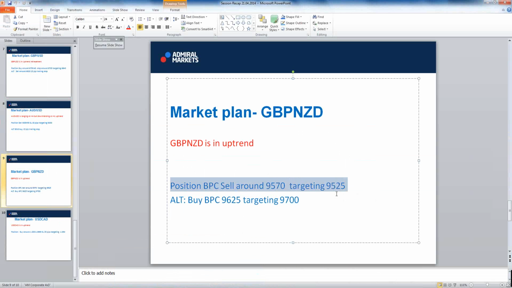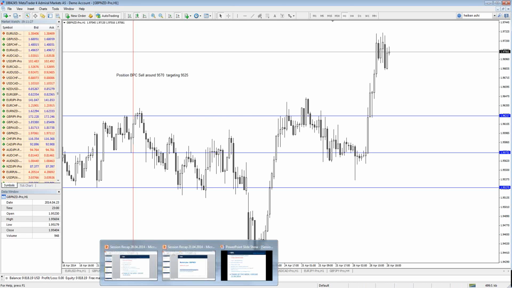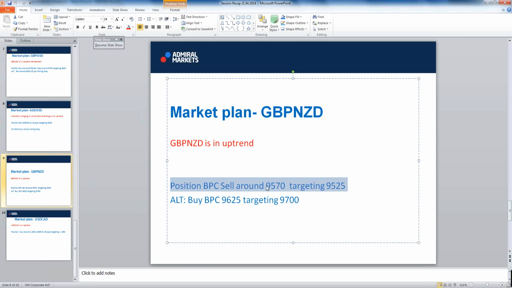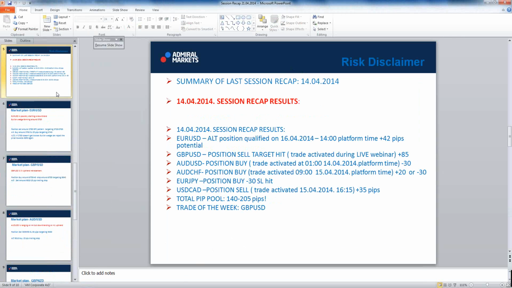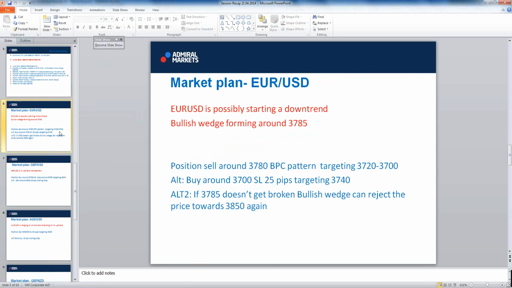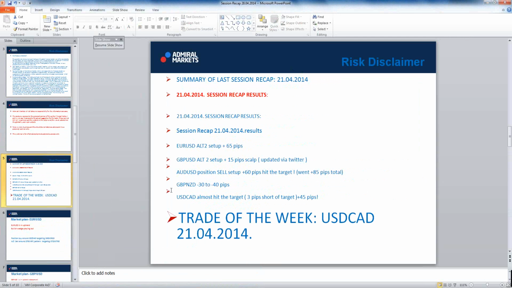Although this was indeed a good sell. Afterwards, 95.70. I didn't count that as a profitable trade because the first trade was initiated first, so I counted this as a loss. As you can see, I counted this as a loss, so it was minus 30 to minus 40.